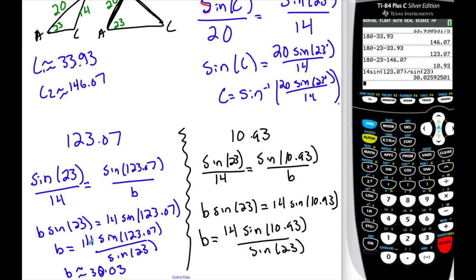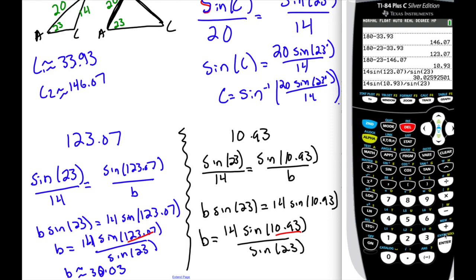So notice though the similarity here. Basically it's the same. I got a 123.07 and a 10.93, but otherwise they're the same. So I'm just going to save myself time, and instead of writing the 123, I'm not going to waste my time on this right here. What I'd rather do is the 10.93.